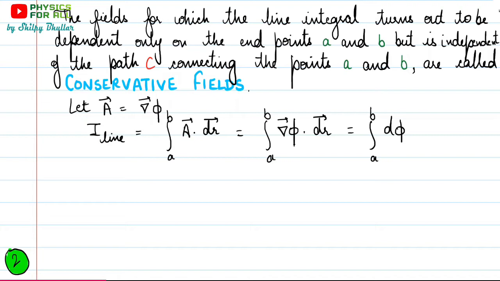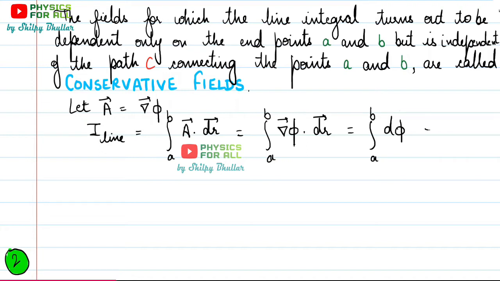Where there was maximum increase in phi, that direction of increase is vector A. So ultimately we are dealing with phi, and phi is a scalar function. So all we have is a scalar quantity. So this d phi is just a numerical value, denoting only the change in phi.